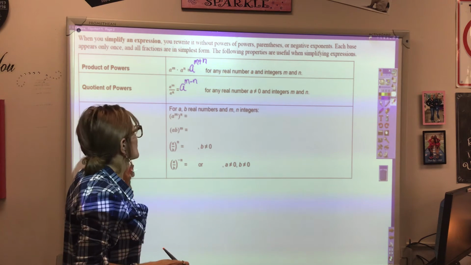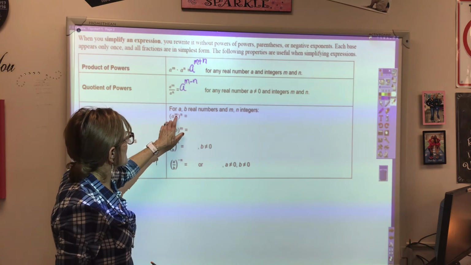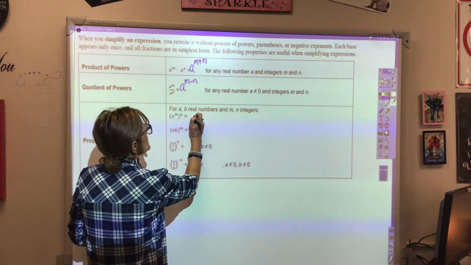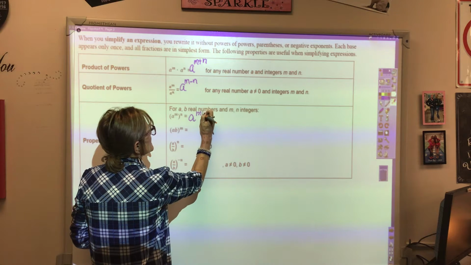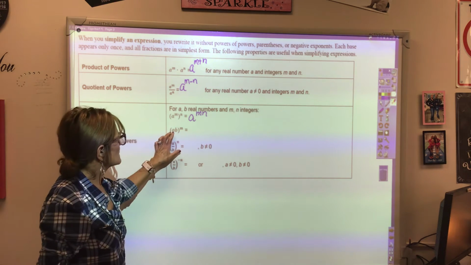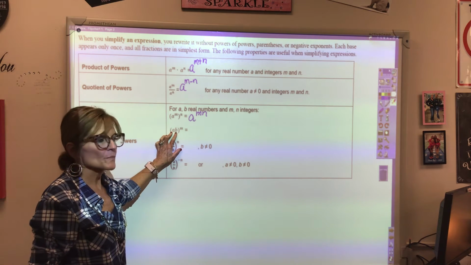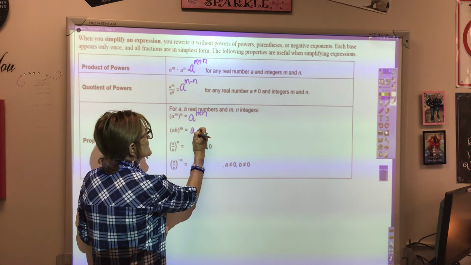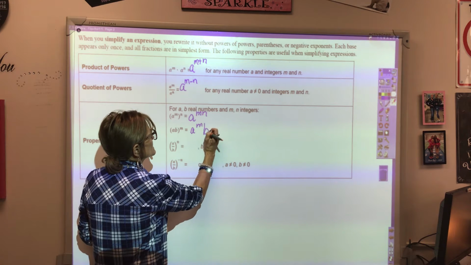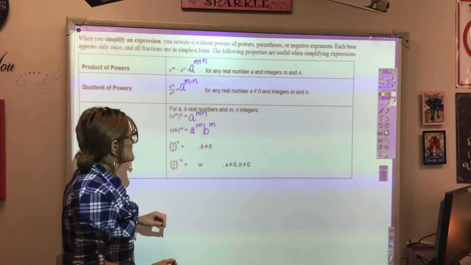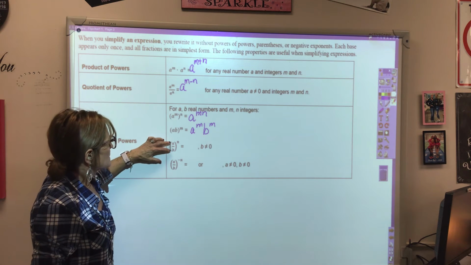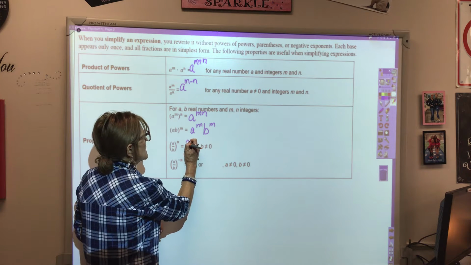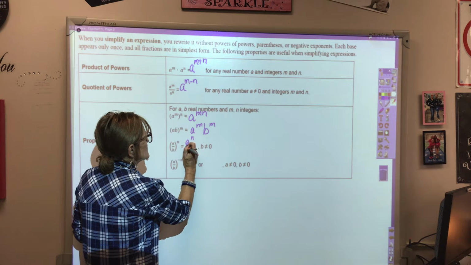Now here are some properties of powers. If you're raising a power to another power, you multiply the powers together. So this would be a to the mn. If you've got multiple terms in parentheses, each one gets raised to the power. So this would be a to the m and b to the m. Same thing with dividing. You would raise both the numerator and the denominator to the power: a to the n, b to the n.